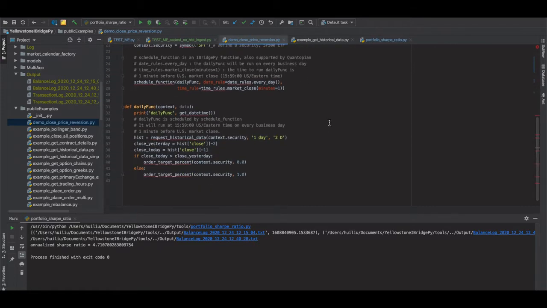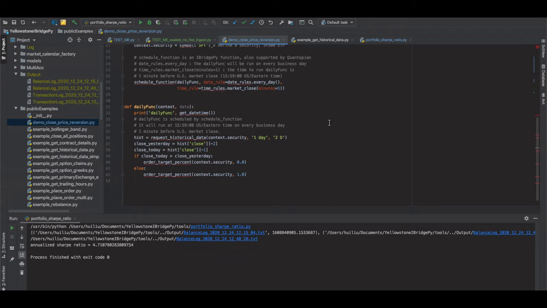The basic idea is: if yesterday's price is higher than today's close price, which means there is a price drop at the end of today's trading day before market close, then we assume there is a price reversion, which means tomorrow's price will go up.